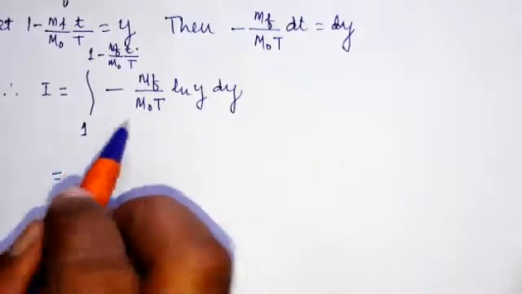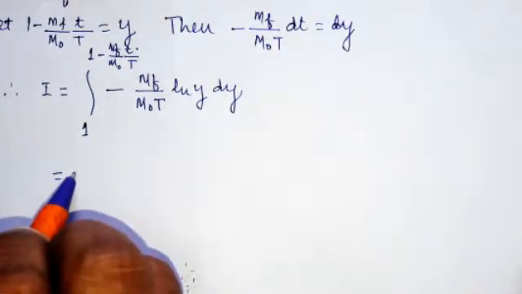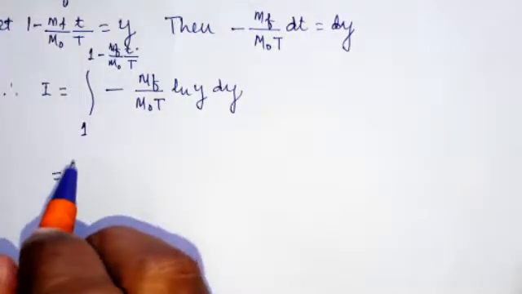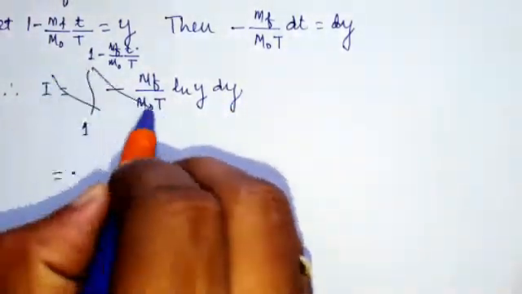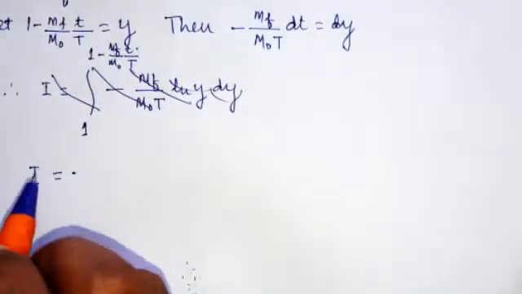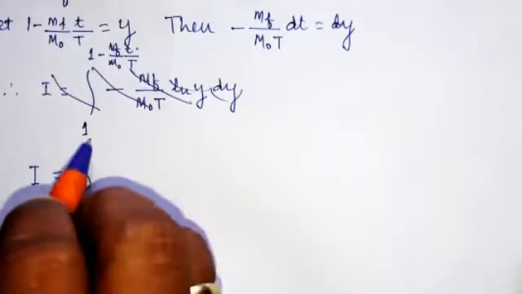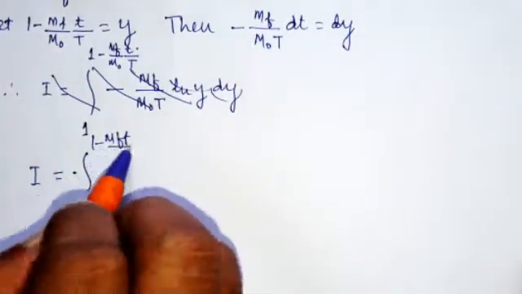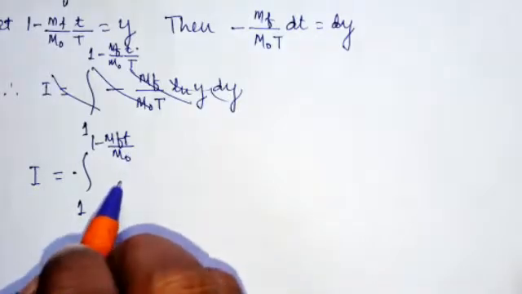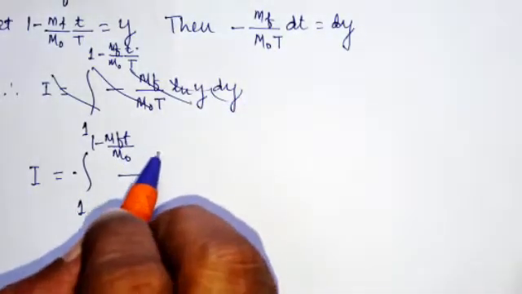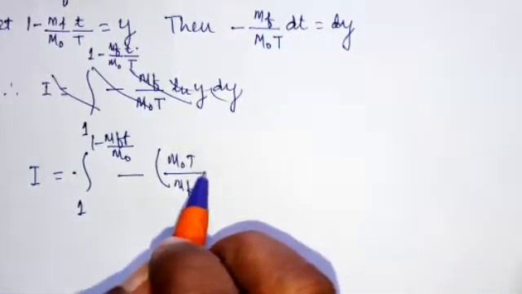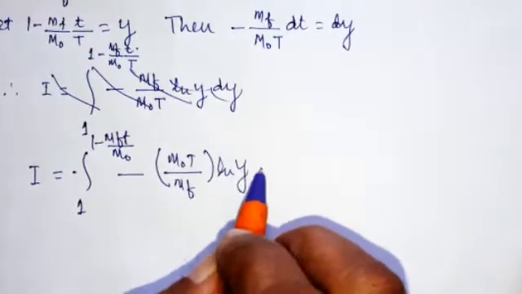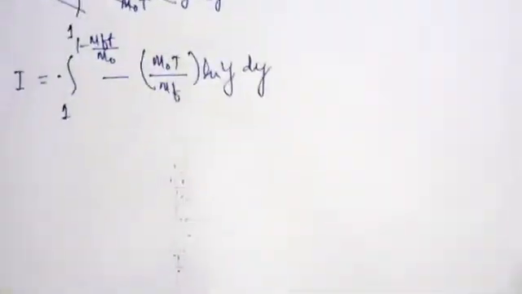Therefore, to solve this integration, we can write this equation as the integral from 1 to 1 minus mft upon m naught, taking the integration, that is m naught t upon mf into ln of y into dy.